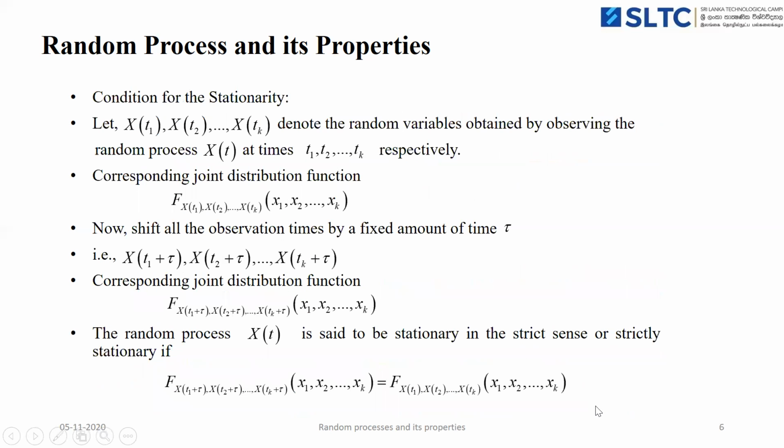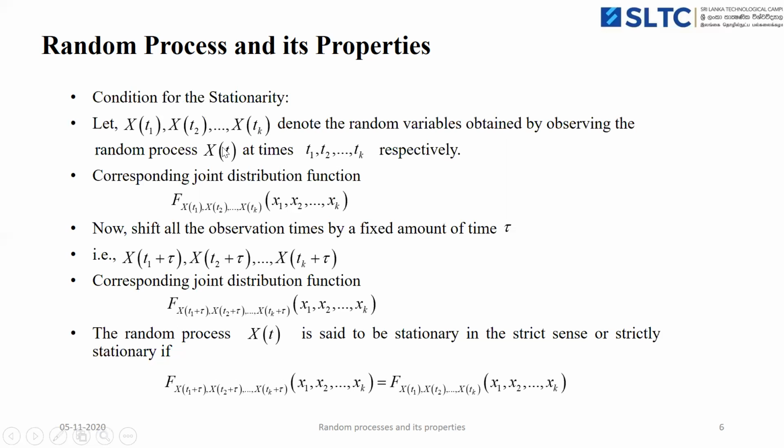We'll see the condition for the stationarity of the random process. For that, let us take a set of random variables. So this is not a random process. X of t1, x of t2, up to x of tk denote the random variables obtained by observing the random process x of t at times t1, t2, tk respectively.